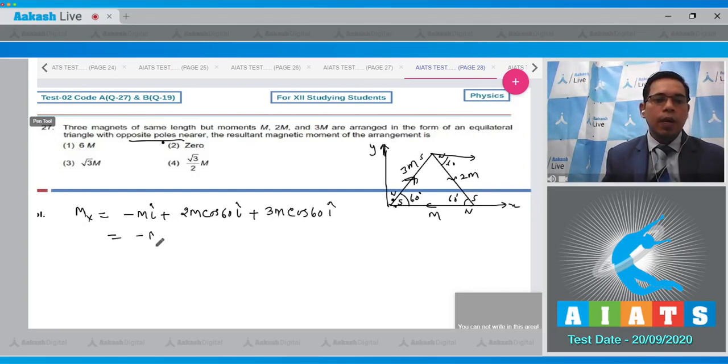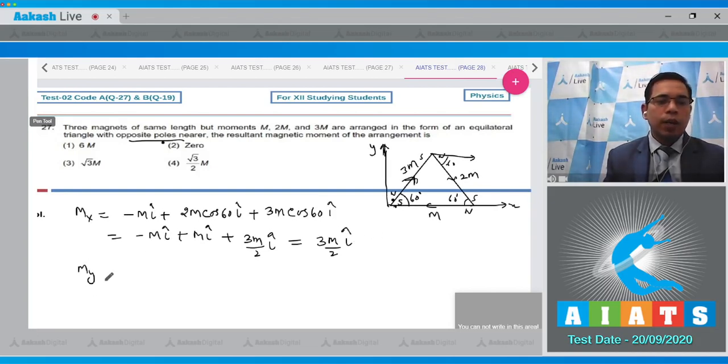This will be minus m i cap plus 2m times 1 by 2, that is m i cap, plus 3m by 2 i cap, which equals 3m by 2 i cap.